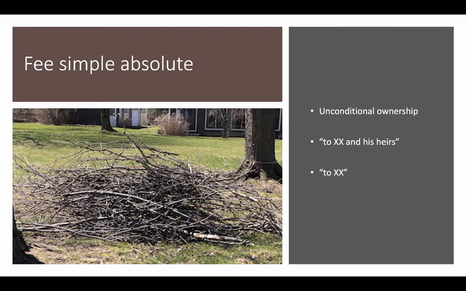Now, we can also have a slightly different situation, and this is to distinguish between the various types. So if Fred owns the apartment building in fee simple absolute, and he sells his apartment building to Ricky for $1 million, however, at the time of the deal, Fred has a clause written into the contract that says that if Ricky ever divorces his wife, then the apartment building will go back to Fred.